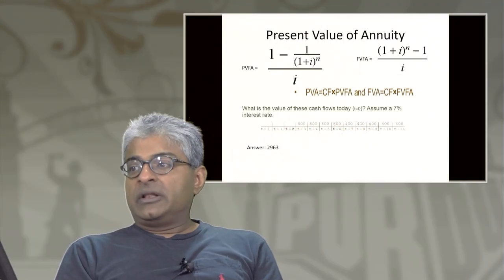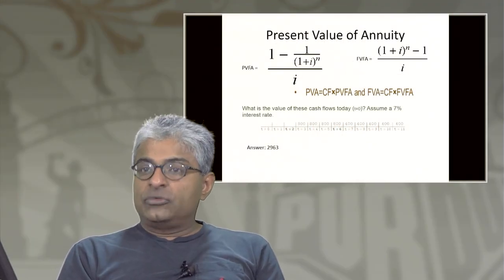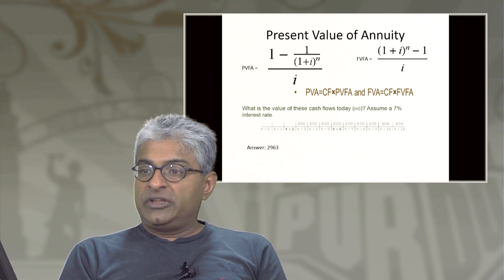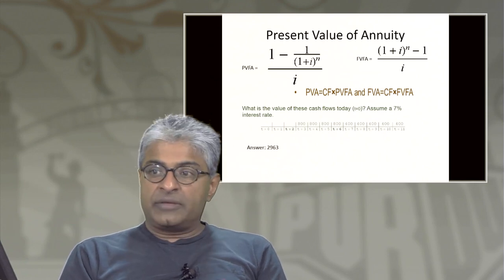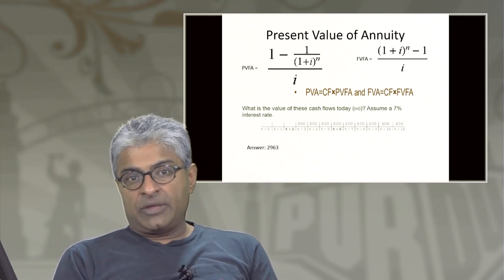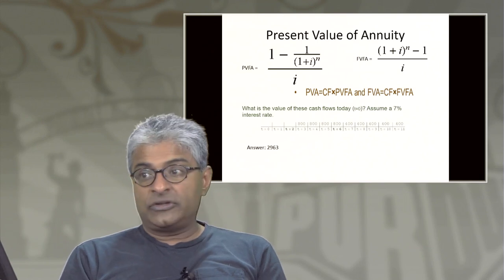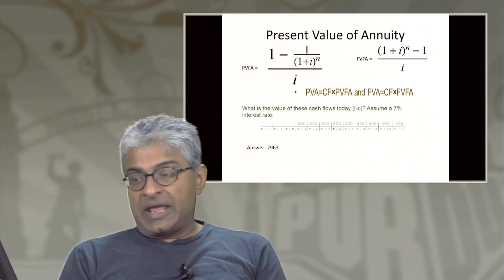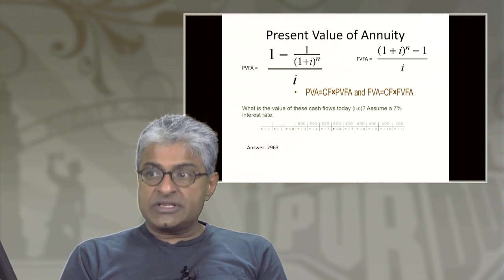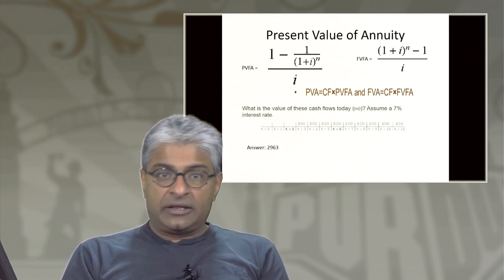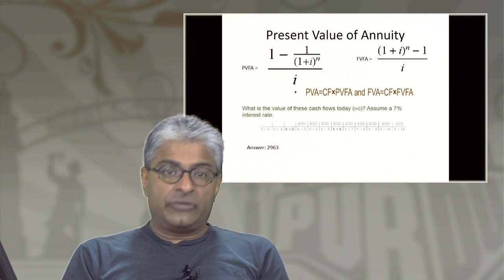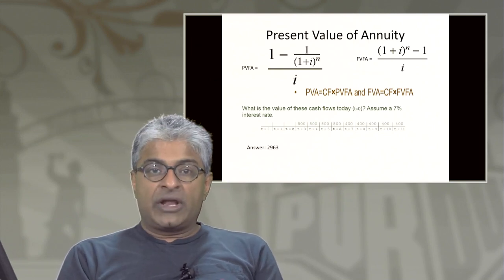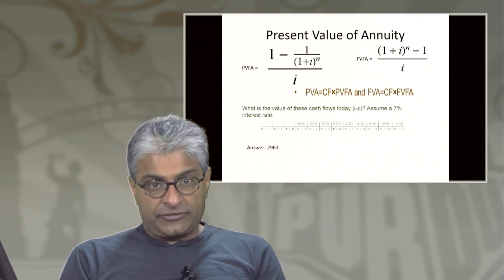Now, let me also be clear. You don't have to compute these factors, the PVFA or the FVFA, every time, because there are tables that do this for you for any given interest rate i and number of annuity payments n. So it's a simple matter of reading the right table, picking the right number, and then multiplying the cash flow with it.